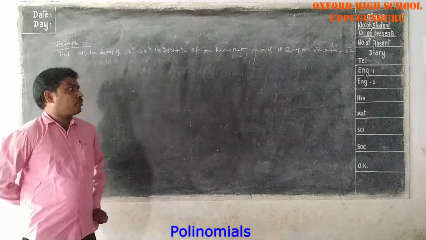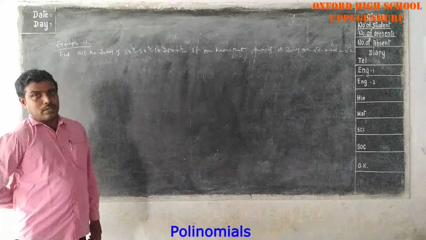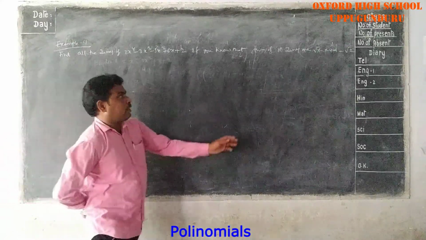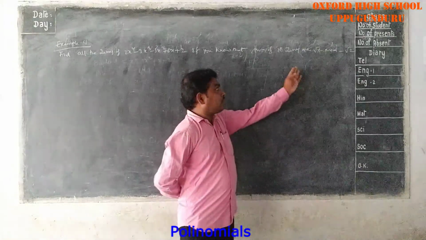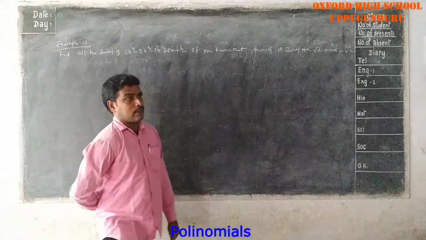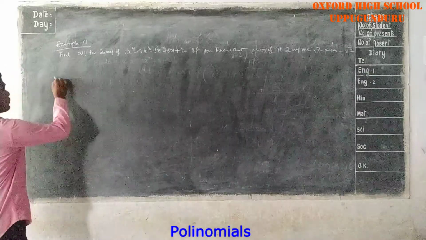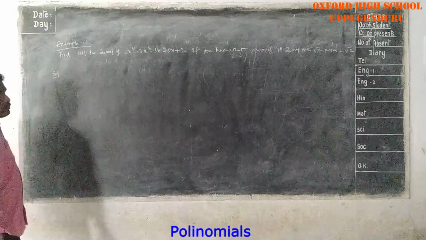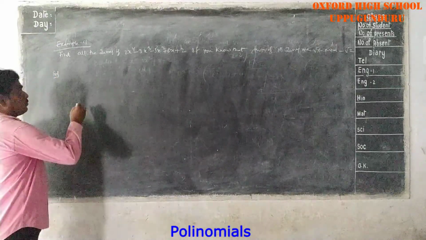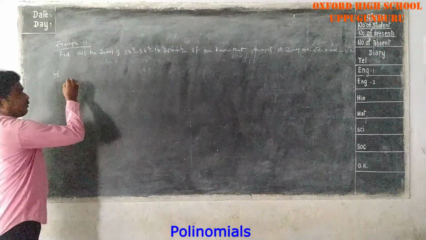So already you know how to find a quadratic polynomial if they give any 2 zeros. So by using that, you have to find the quadratic polynomial here. Now, what is the formula you have?